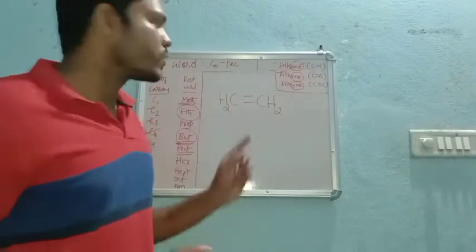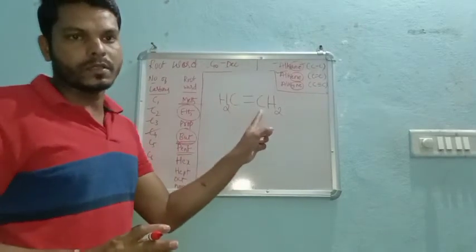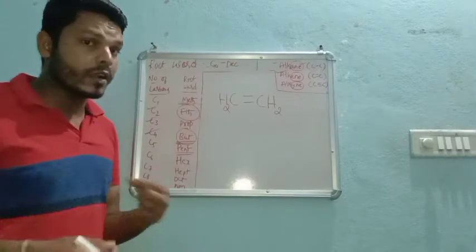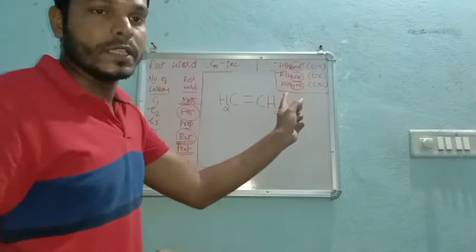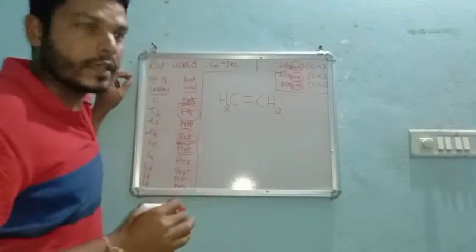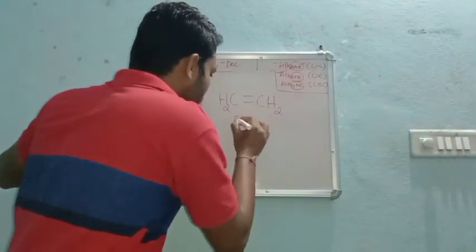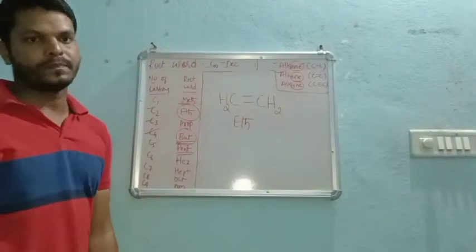First your work is to check the number of carbon atoms, so then only we will get the prefix. Once we get the prefix, it is very easy to go with the saturation and unsaturation. So how many carbon atoms are there? 2. So what do we have to use as a prefix?